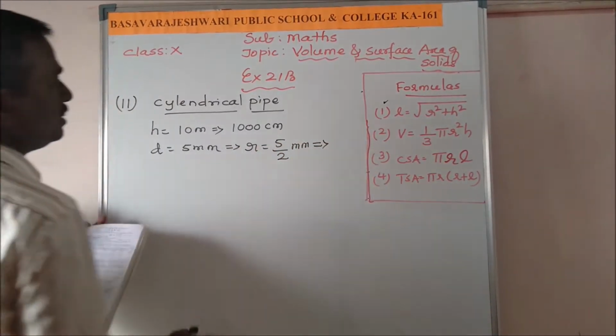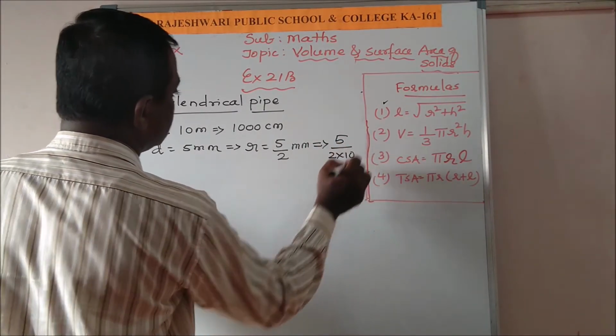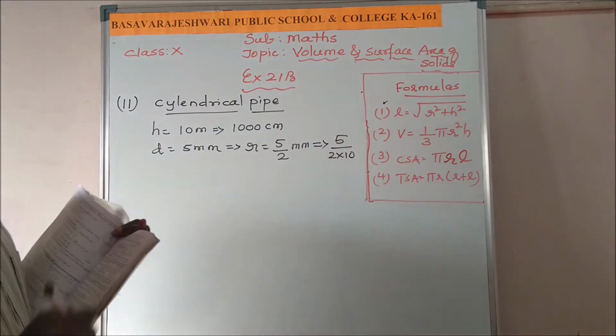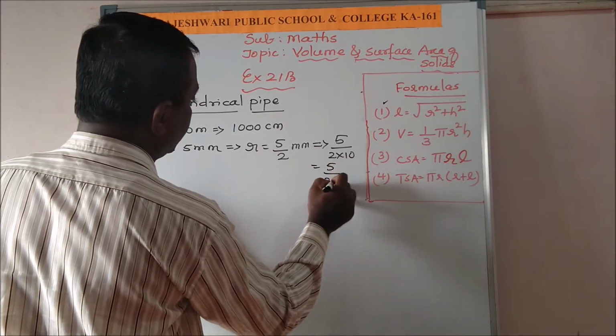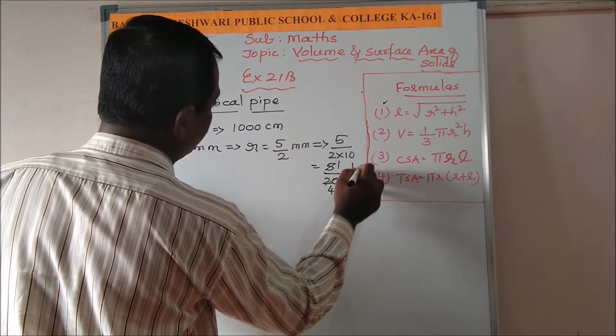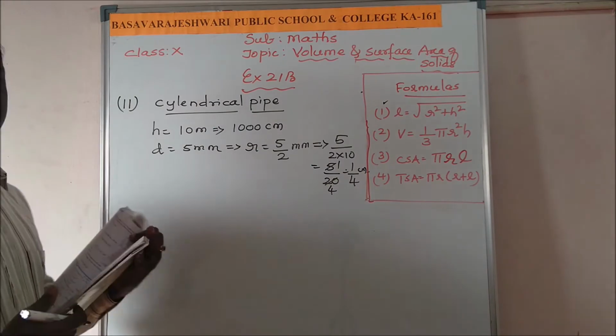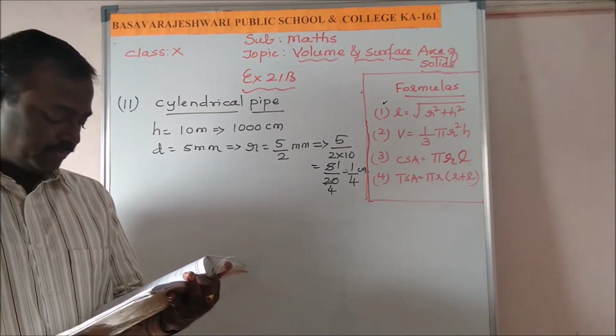This implies 5 by 2 into 10, because 10 mm is equal to 1 centimeter. So therefore this becomes 5 by 20, that is 1 by 4 centimeters. Radius is 1 by 4 centimeters. This is the cylindrical pipe.